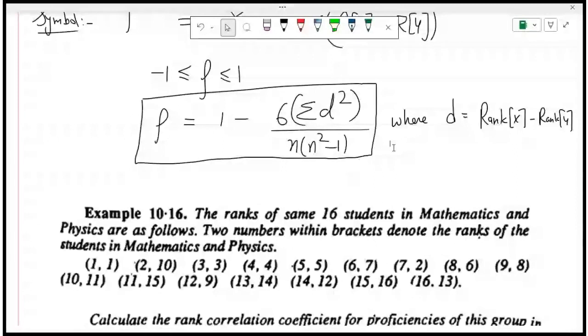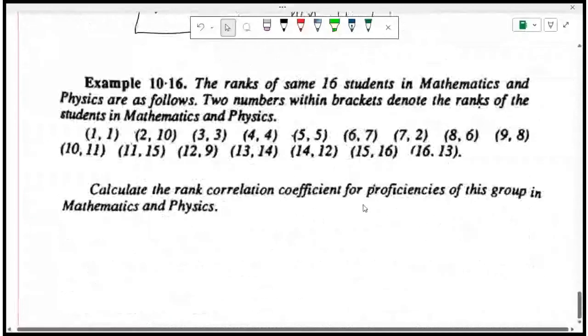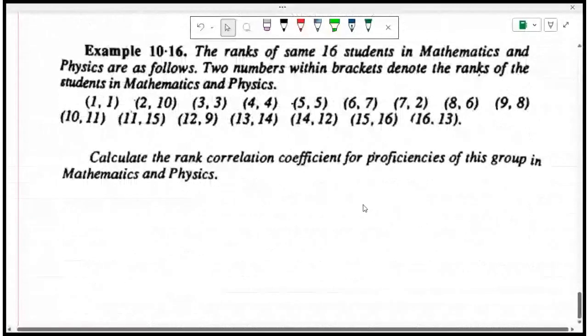Okay. So the ranks of the same 16 students in mathematics and physics are as follows. The two numbers within brackets denote the ranks of the student in mathematics and physics. So we are given the ranks in math and physics.